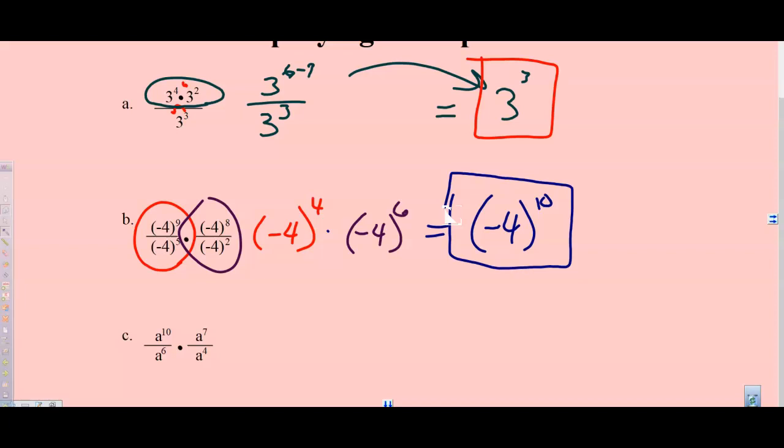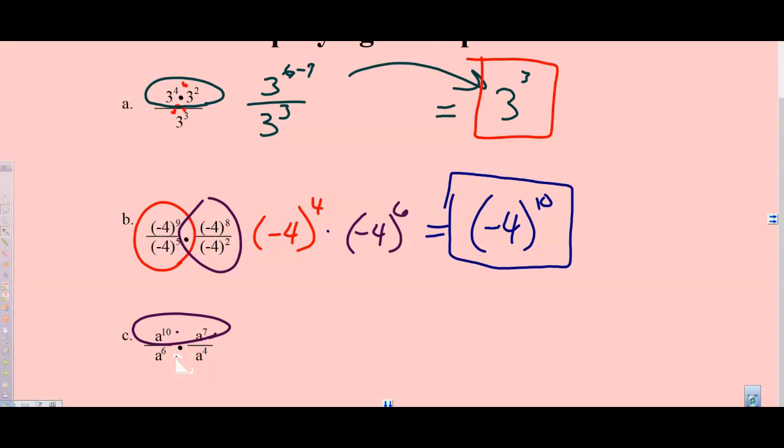Once again, we can do it either way. Since we did the previous one using the quotient of powers first, let's do the product of powers first. So we're just going to multiply straight across because we're taking a fraction times a fraction. That's the same thing as multiplying those numerators straight across and multiplying those denominators straight across. So it works.